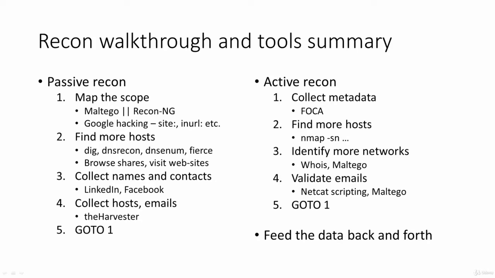So on the passive reconnaissance side, we have some steps, and on the active reconnaissance side, we also have some steps, and we see this mention of feeding the data back and forth. This means that, yeah, this is a circle. These are two circles, and they repeat themselves many times before we are satisfied with the results.